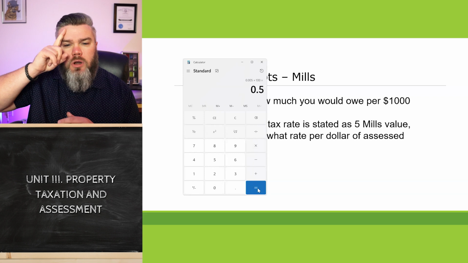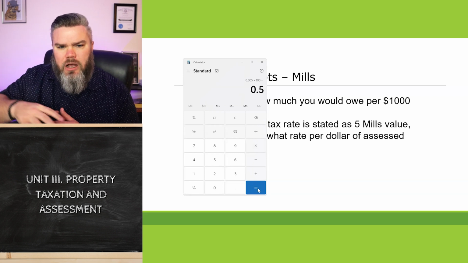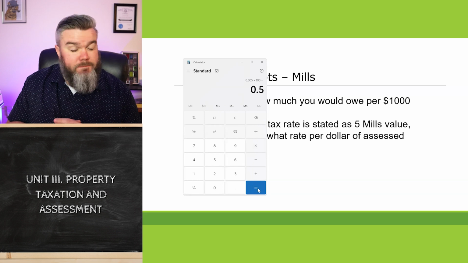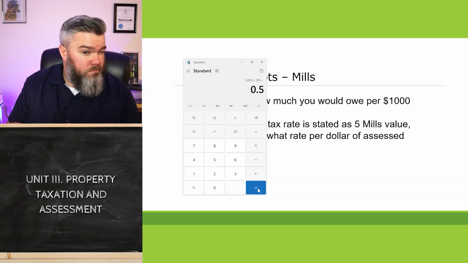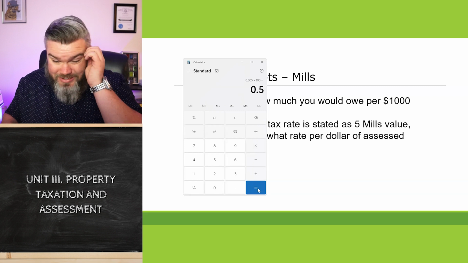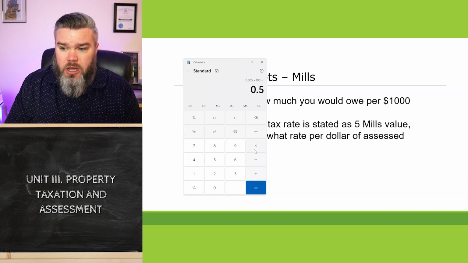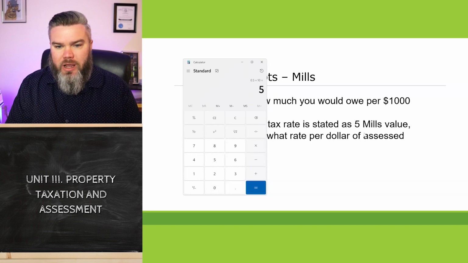What would I multiply 100 by on a calculator to get 1,000? Just need one more zero. There you go, 10. So now that I've got this per 100 rate, I could multiply it by 10, and I'm back up to my mill rate.